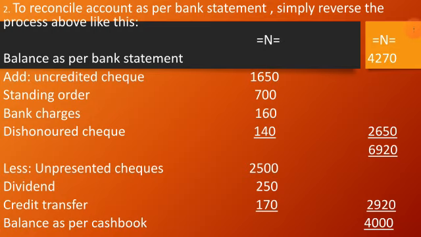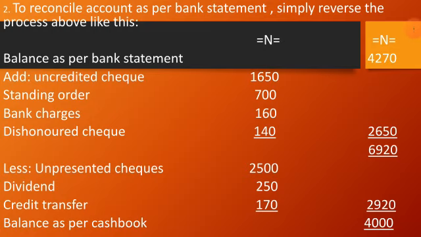So you add your uncredited check, which is 1,650, your standing order 700, you are adding it since you are using balance as per bank statement. Then your bank charges will also be added. Then your dishonored check, which is 140 naira, will be added.